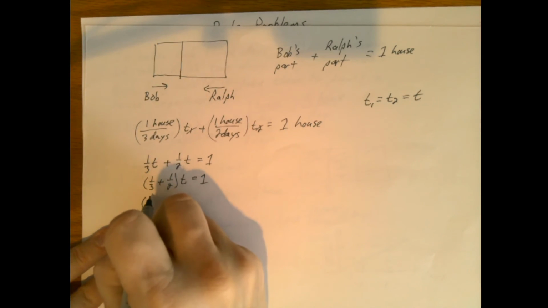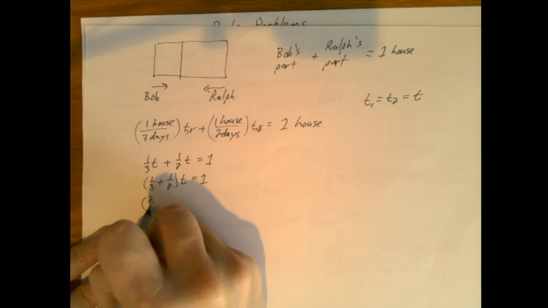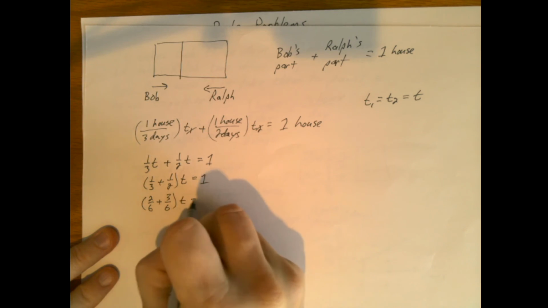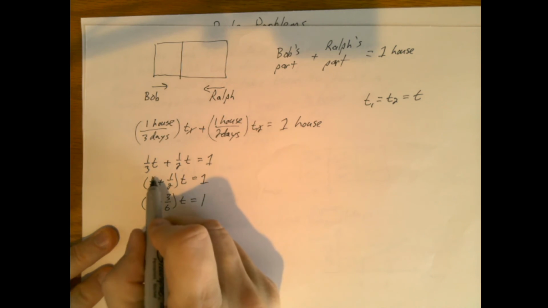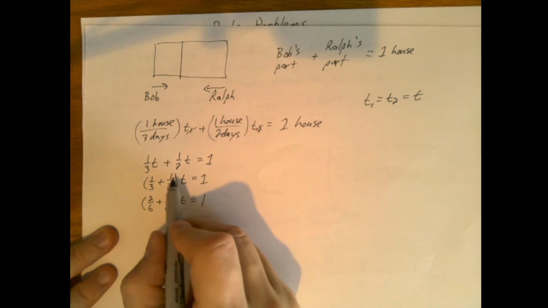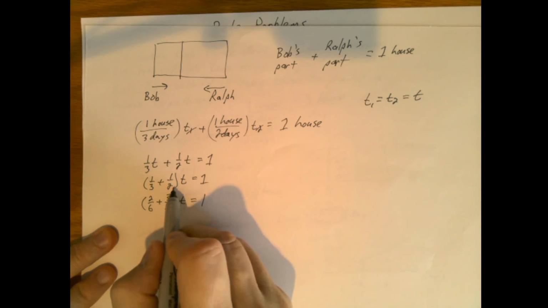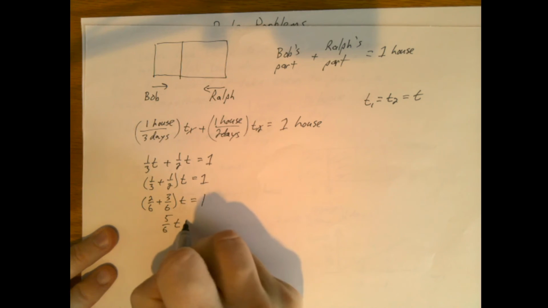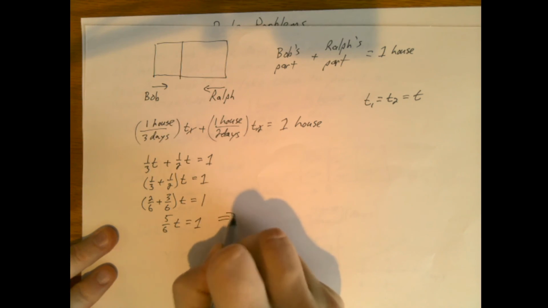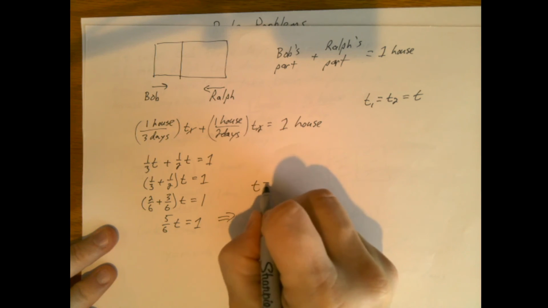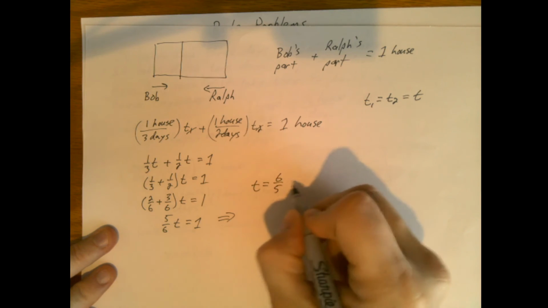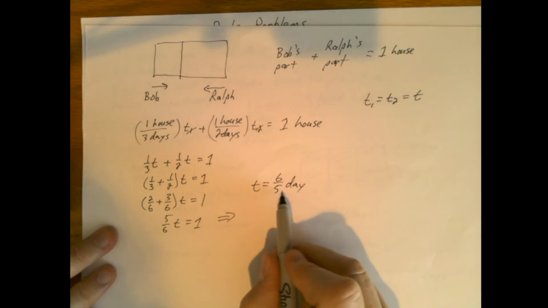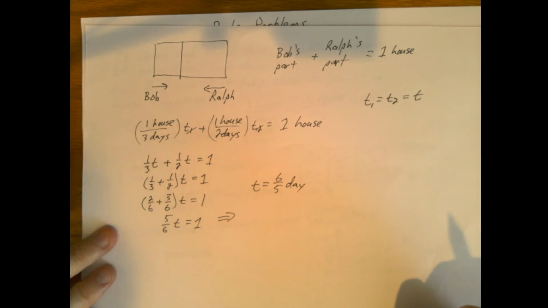So this becomes what? 2/6 plus 3/6 T equals 1, right? 2 over 2 times this, 3 over 3 times this gives us this, which is 5/6 T equals 1. And we get that T is equal to 6/5 of a day. So slightly over 1, it's 1 1/5 days.